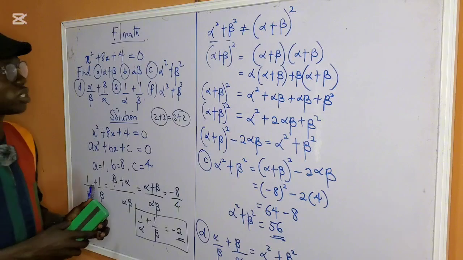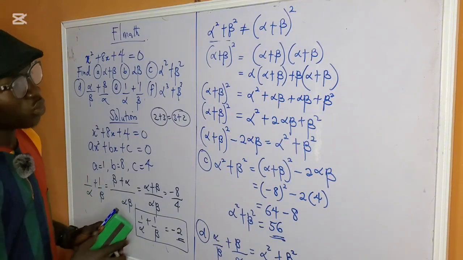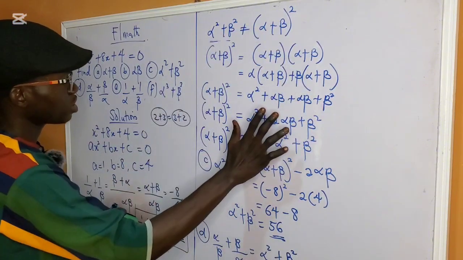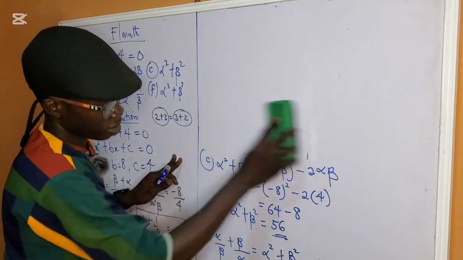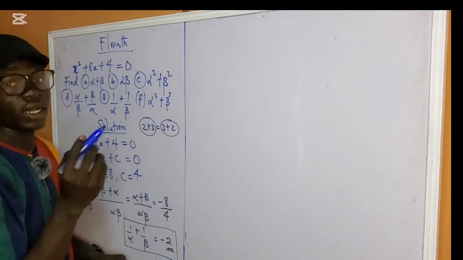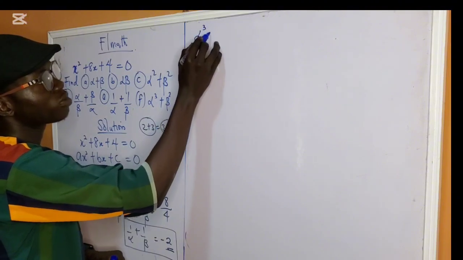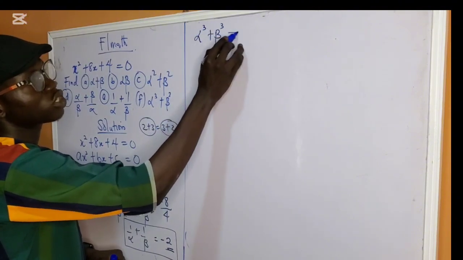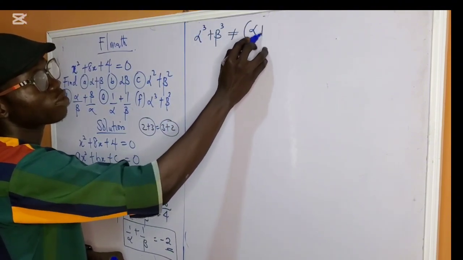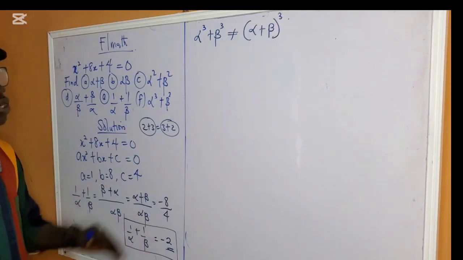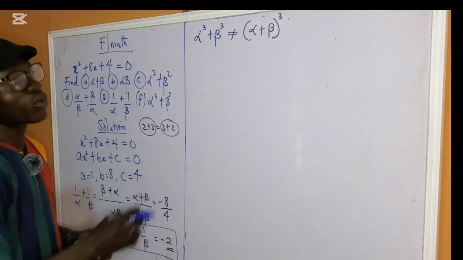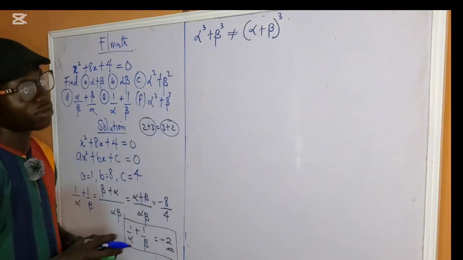So to the last one, which is alpha cube plus beta cube. We are going to solve it the same way we solved this, but it requires more effort. You should know that alpha cube plus beta cube is not equal to alpha plus beta all cubed. So these and these, they are not the same, but we can get this from this, right?